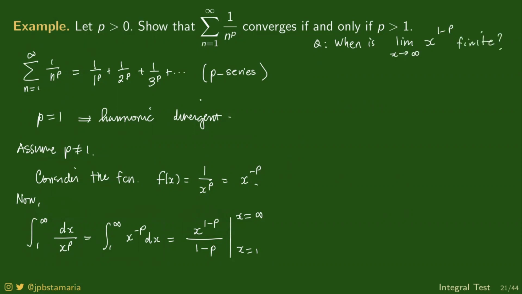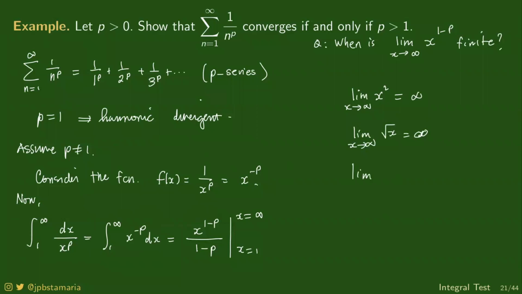For example, what is the limit of x squared as x approaches infinity? Infinity. In fact, as long as the exponent is positive, even square root of x, the limit is infinite.